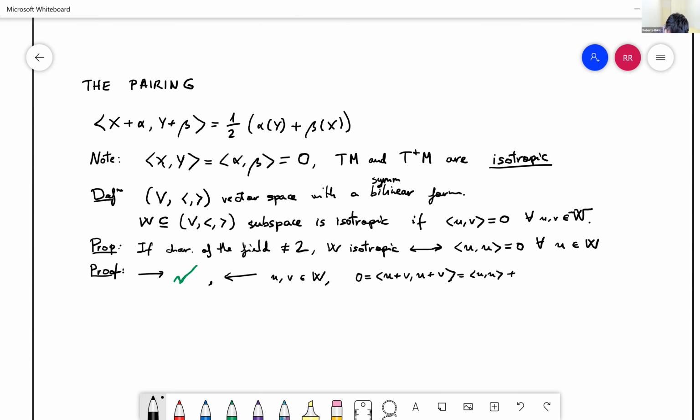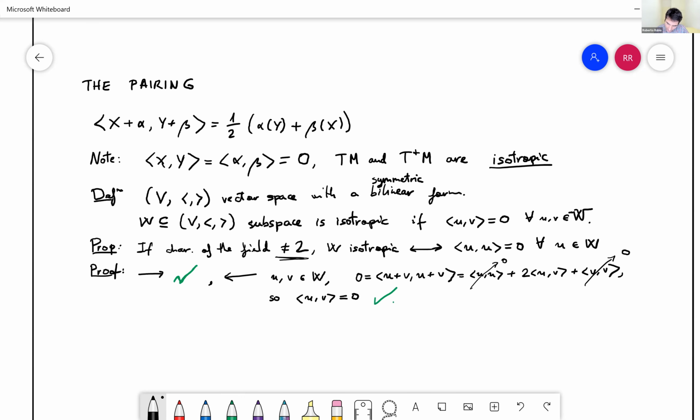Now see what happens: 0 equals this sum, but the property I have is that this is 0 and this is 0. And since I was careful to say that the characteristic of the field is not 2, that means 2 is not 0. So the inner product of u and v has to be 0 for any arbitrary u, v in W. That means I'm done as well.